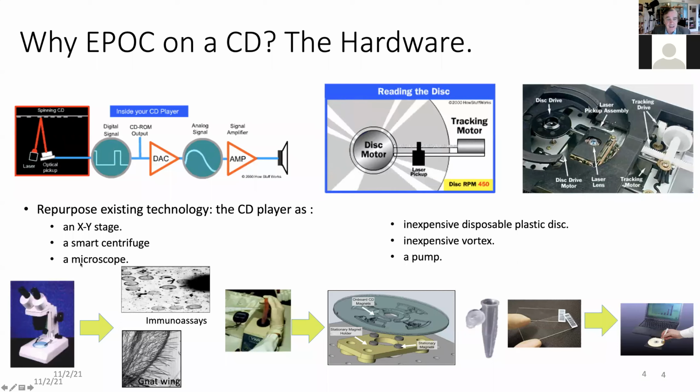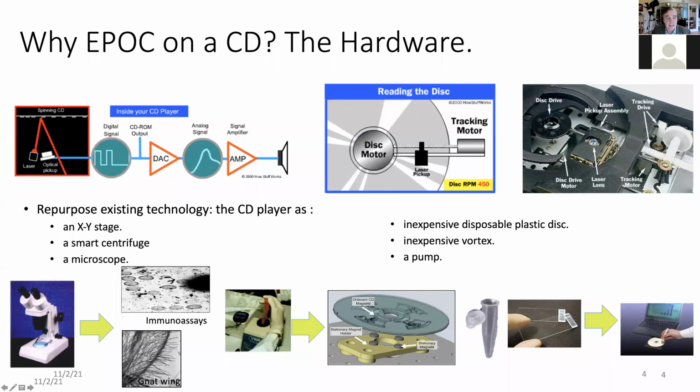Then interestingly enough, this is also a microscope. It's a microscope because if you don't digitize this signal, and instead of looking at these pits, let's say you put the wing of a fly or a bug on this platform, you can actually have a very high resolution image.